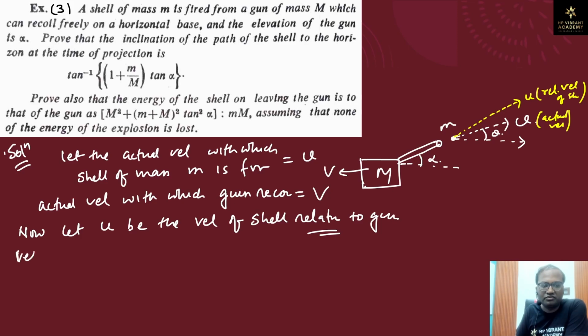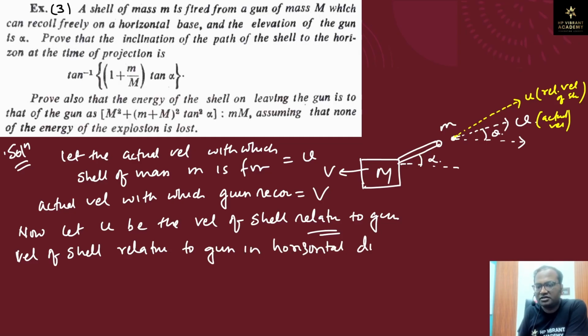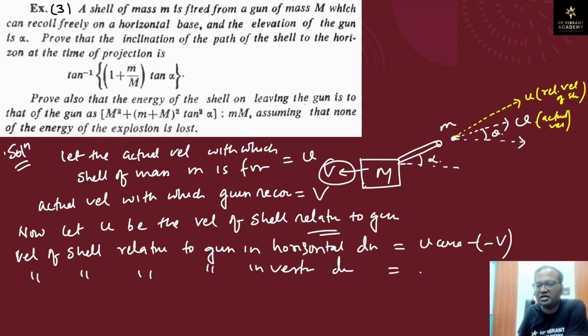Now let us find the relative velocity along the horizontal direction and vertical direction. The velocity of shell relative to gun in horizontal direction is small v cos theta minus of minus capital V. The velocity of shell relative to gun in vertical direction: there is no component of capital V in the vertical direction, so this will be equal to small v sin theta.